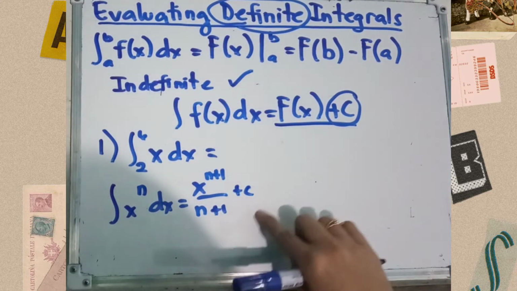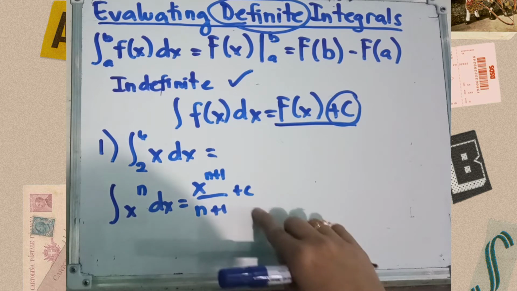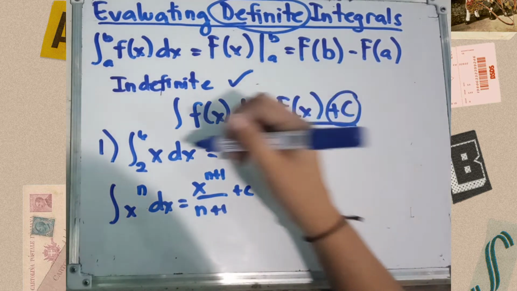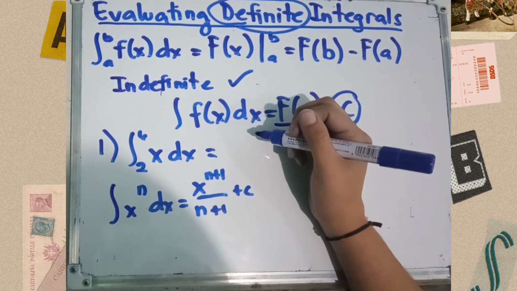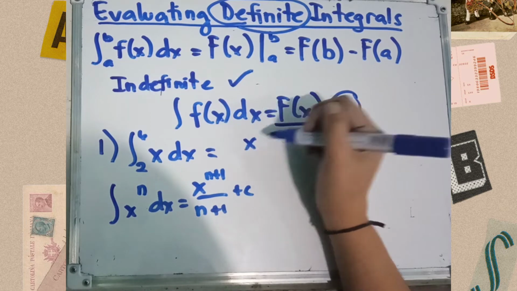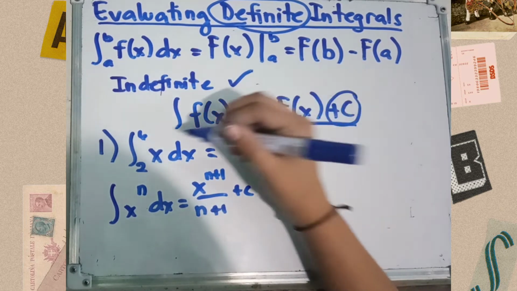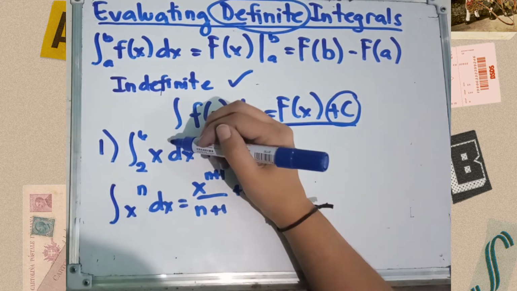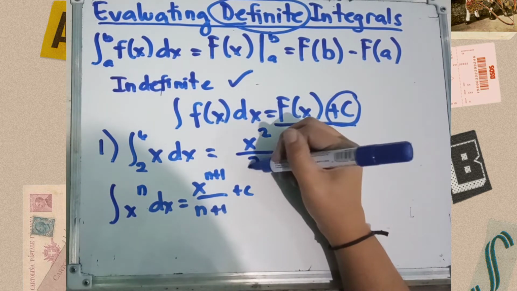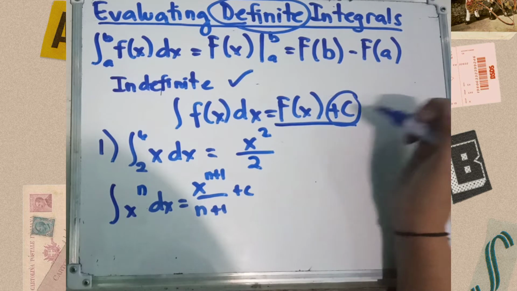But again, for definite integrals, we won't be writing c anymore. So we simply look for the integral of x dx, that is x to the power of 2 over 2, because the exponent there is 1, plus 1 gives 2, and whatever your new exponent is will be the denominator.